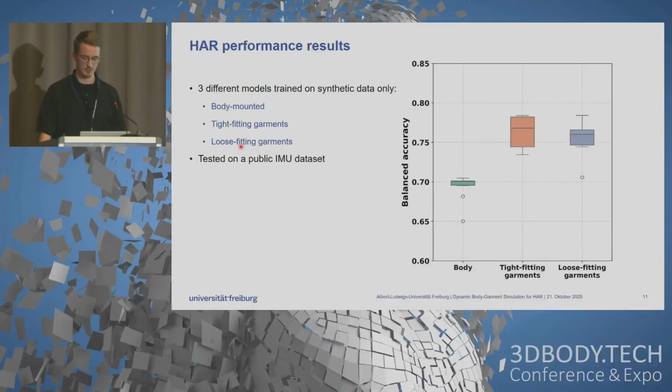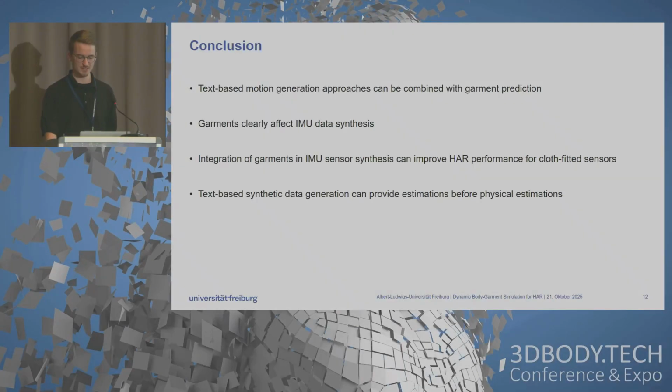We trained these models, and then we tested them on an actual public IMU data set that was collected with physical IMUs. We tested on the whole data set and checked against the ground truth. And we see that the body placements perform the worst, and the tight-fitting garments actually the best, and the loose-fitting a little bit worse, but still quite a lot better than the body placement.